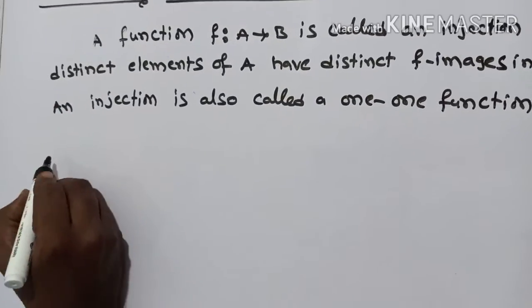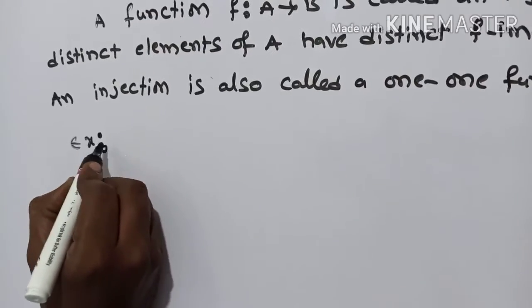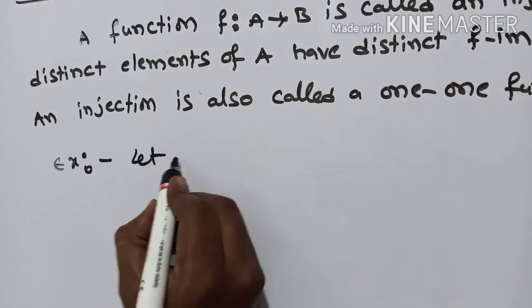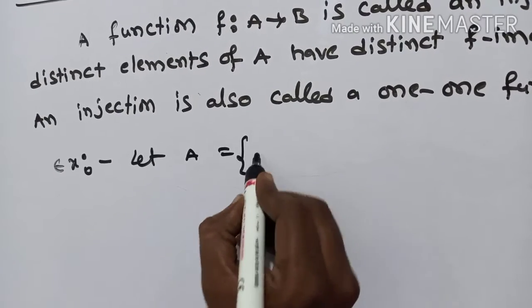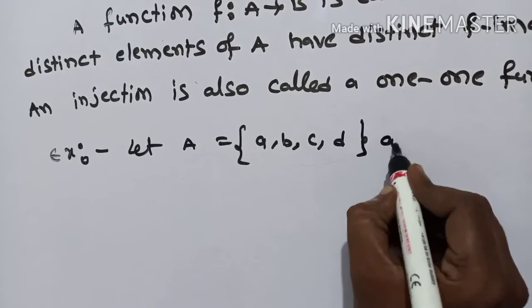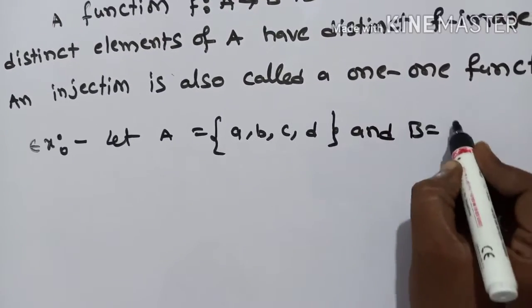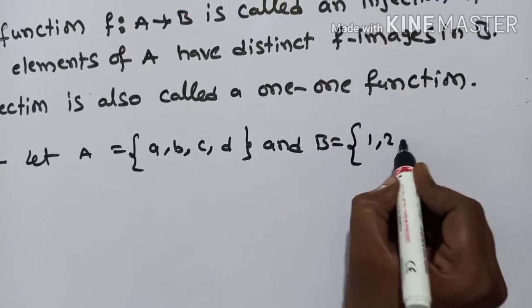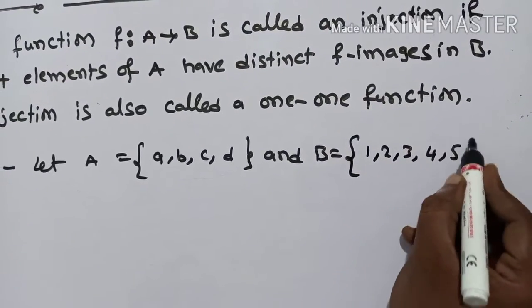One example. Let A is equal to {a, b, c, d} and B is equal to {1, 2, 3, 4, 5}.